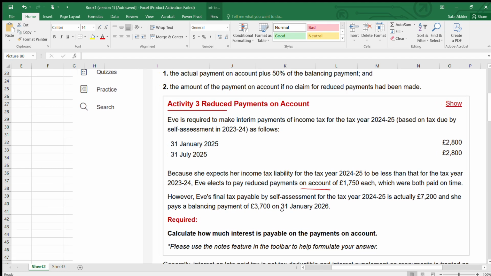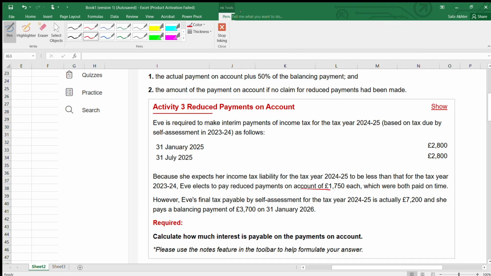So this is paid, if you see, 31st Jan 2026, but you're supposed to pay the first payment on account 31st Jan 2025. So you're 12 months late. Okay. Because that reduced payment you can't make now. You see?